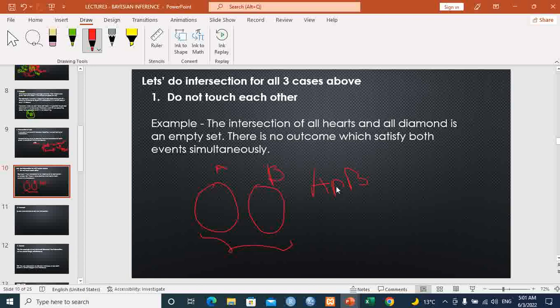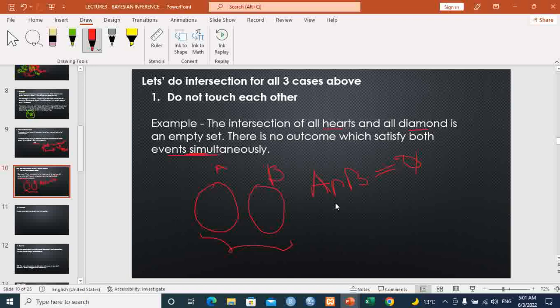What is the set of A and B happening together? The set here will be a null set, because if they are not touching each other, you are not going to have them happening together. For example, the intersection of all hearts and all diamonds is an empty set. There is no outcome which satisfies both events simultaneously.